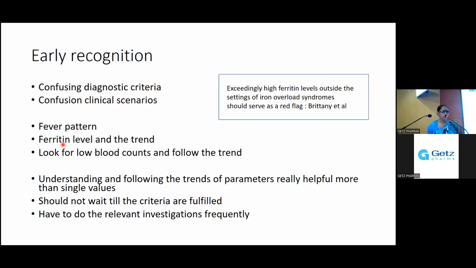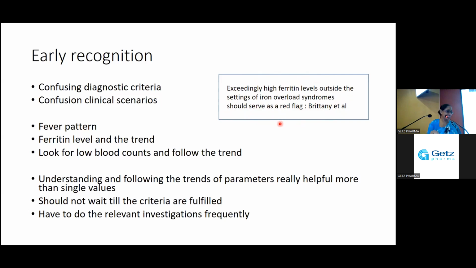So there's this confusing diagnostic criteria, confusing clinical scenario. This is not my thoughts. This is from pediatric world literature: exceedingly high ferritin levels outside the setting of iron overload syndrome should serve as a red flag. Having said that, Ravelli is a name that you always find if you read about macrophage activation HLH. Ravelli has once suggested starting treatment looking only at the ferritin level.